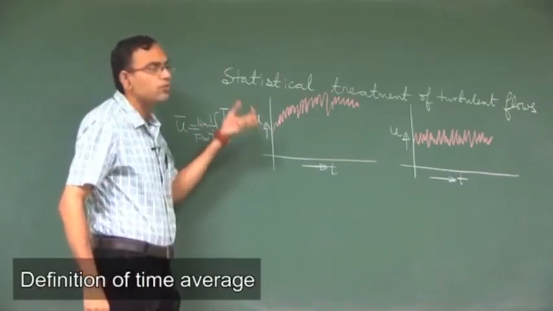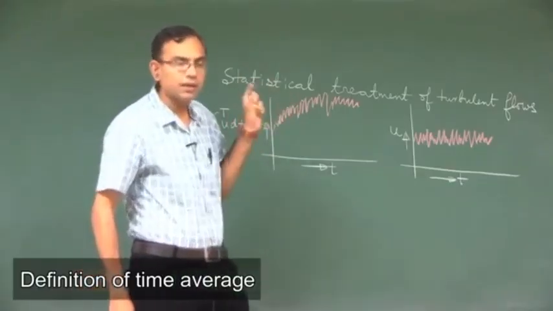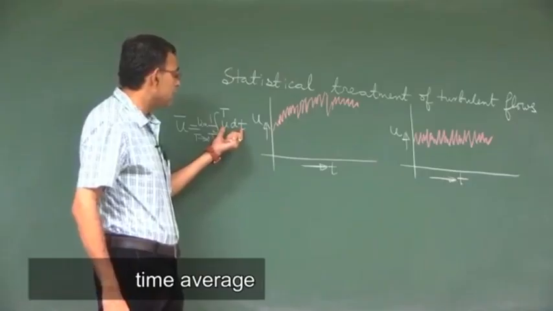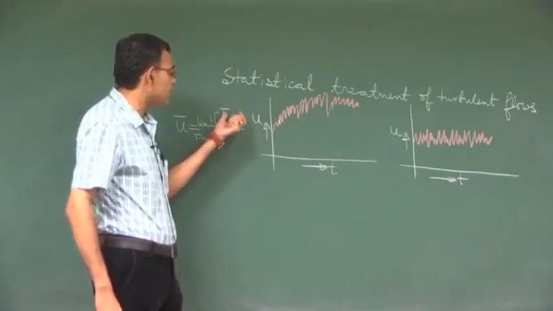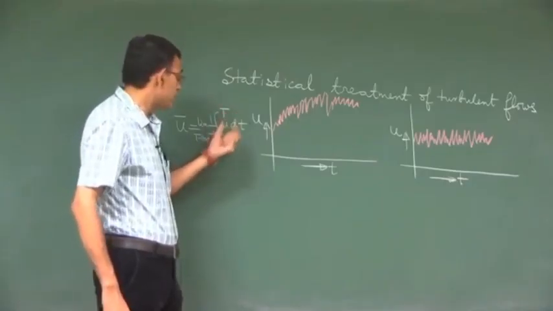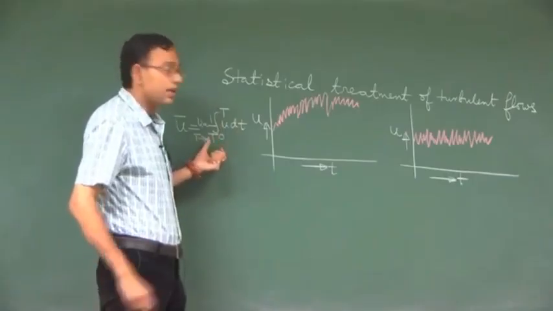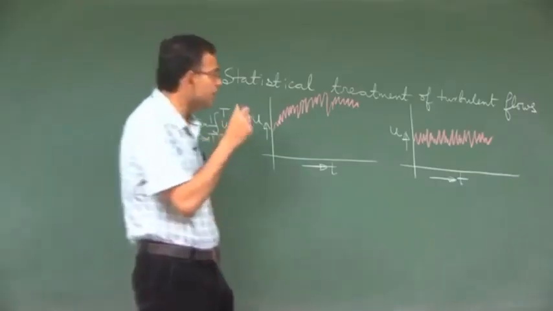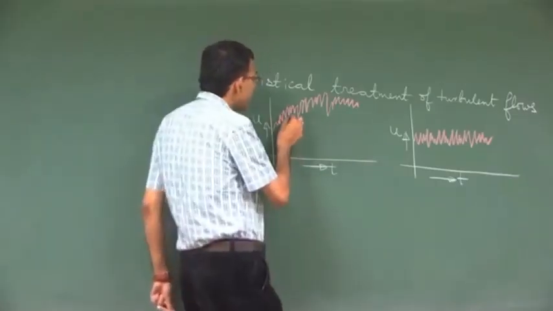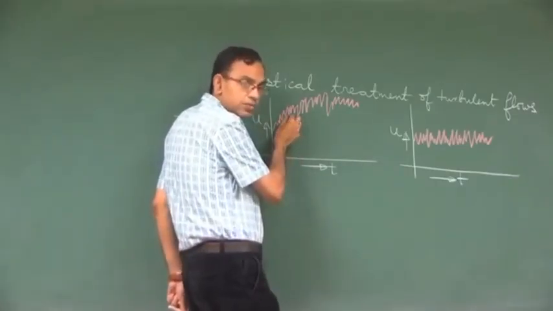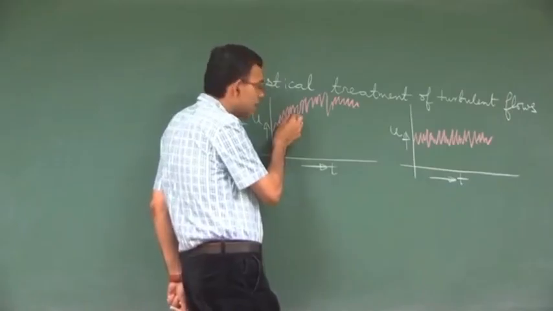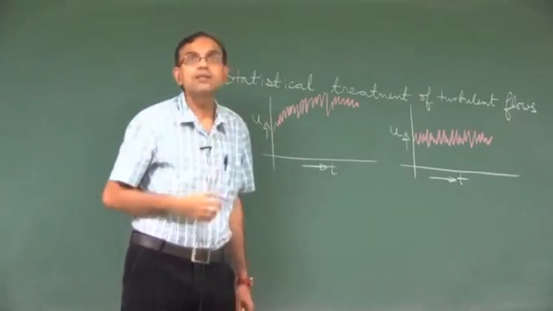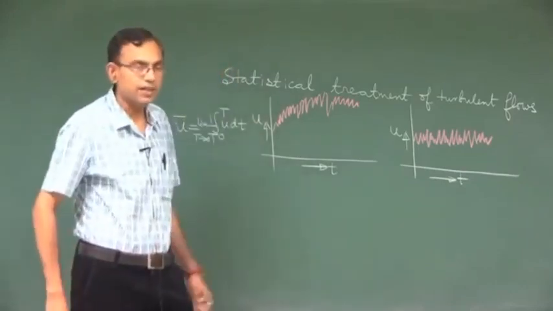It could be u, v, w, p, any variable. You integrate this over time from 0 to a time period T which tends to infinity. Now this has to be clearly understood, this does not literally mean infinity. What it means is that it is significantly larger as compared to these small fluctuation times. The time over which it is fluctuating, this capital T must be significantly larger as compared to that.